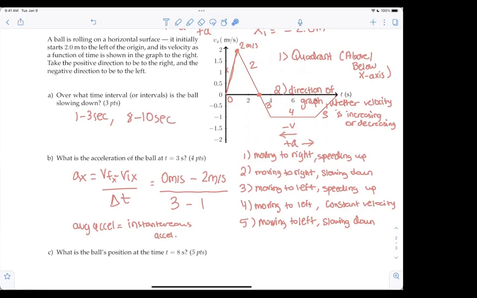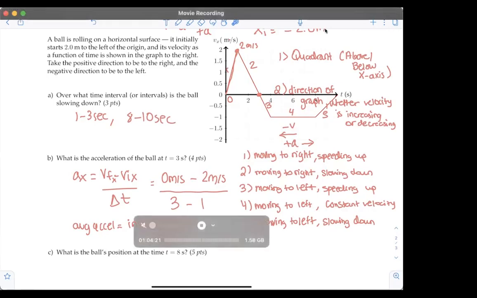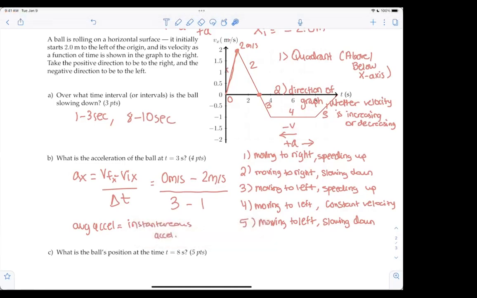And then kind of going back to the uniform motion thing, if you are traveling the same distance or displacement over each specific time interval. So if I have a time interval of 1 second, if in every 1 second I'm moving 2 meters, for example, right? If I have uniform motion, then my instantaneous acceleration, my acceleration at any specific point in the time interval, will be equal to the average acceleration.